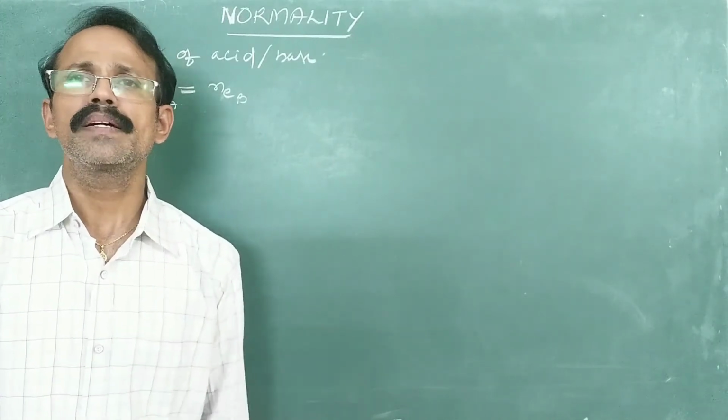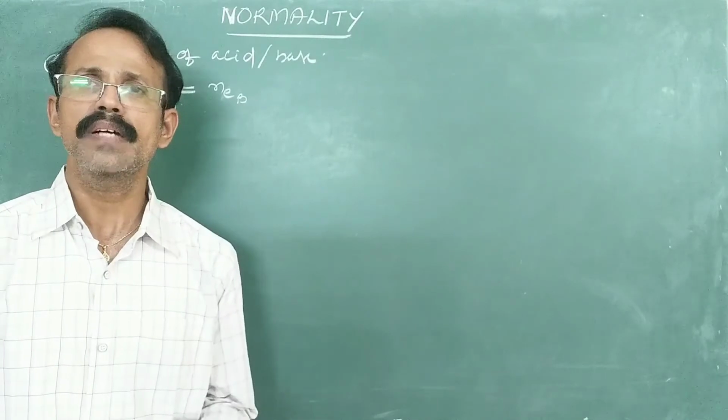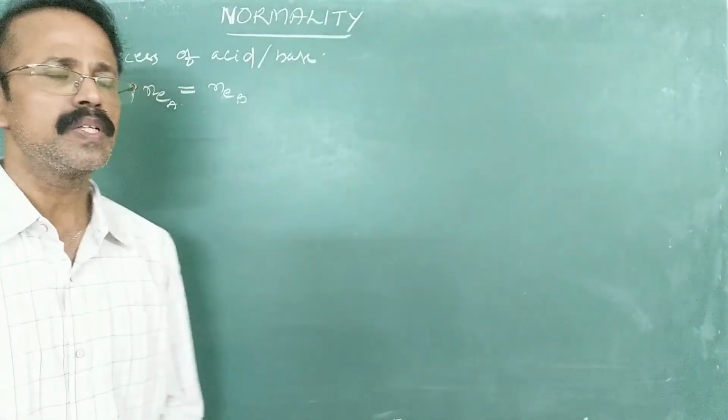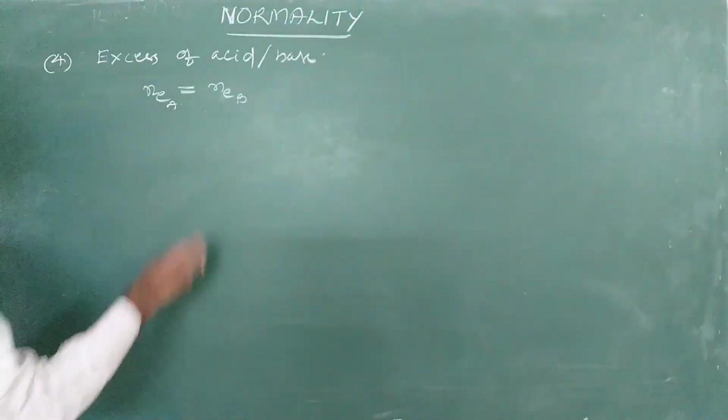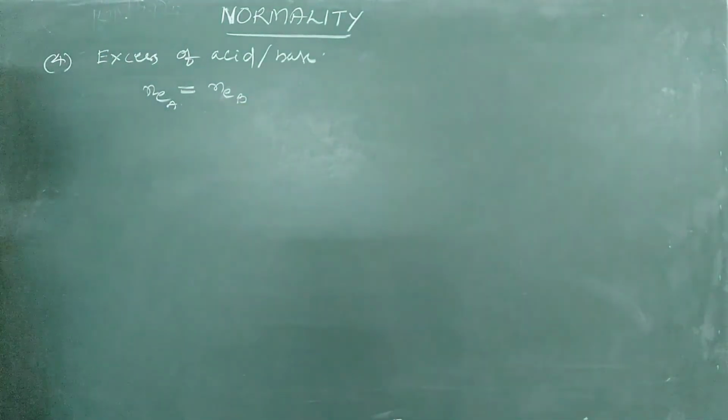How to calculate the normality of the resulting solution, that is acidic solution or basic solution? Let us see. Here number of equivalents of acid is equal to number of equivalents of base, that is the neutralization principle.